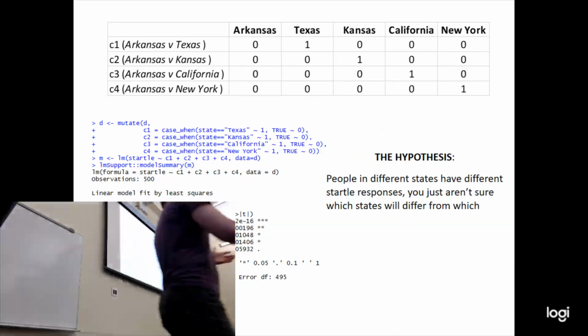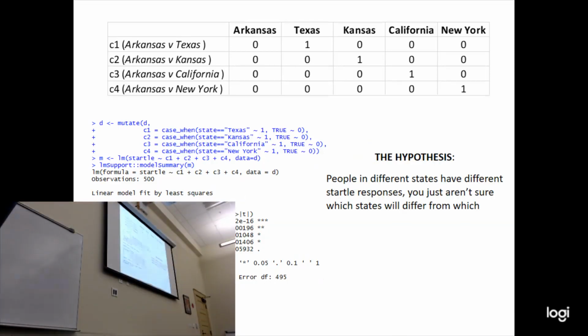So let's think back about what we just did. This is my hypothesis, and I mentioned that it's kind of a vague hypothesis. Are there other ways I could have tested this hypothesis besides the one that I just did?